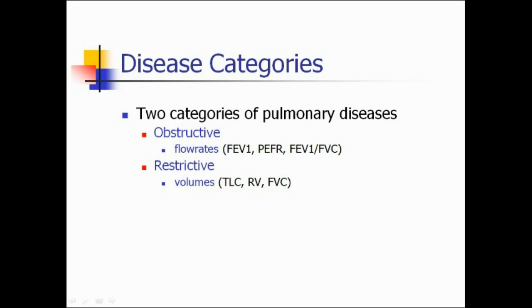Restrictive diseases reduce the lung volume. You'll have smaller than normal breathing volumes. And so we look at the TLC, total lung capacity, RV, residual volume, and FVC, forced vital capacity, okay?